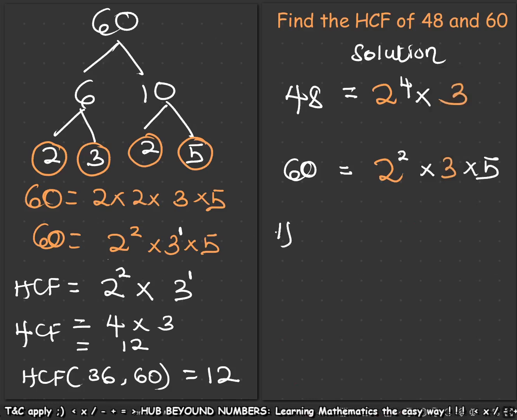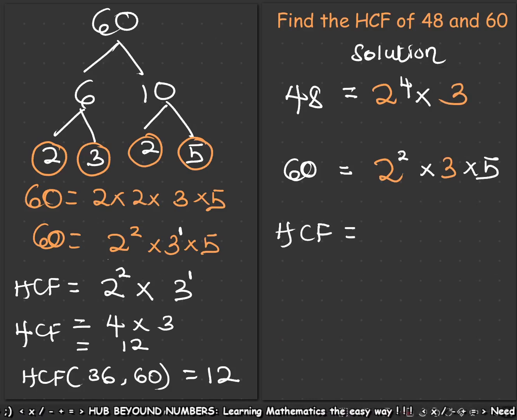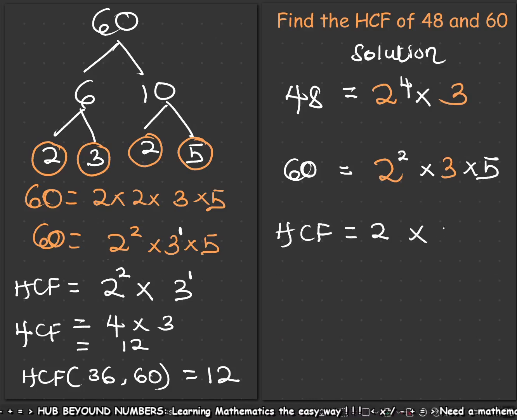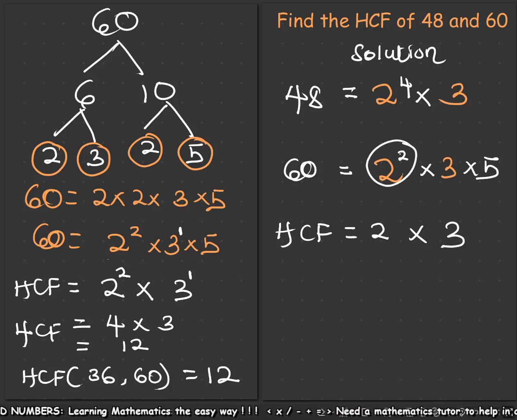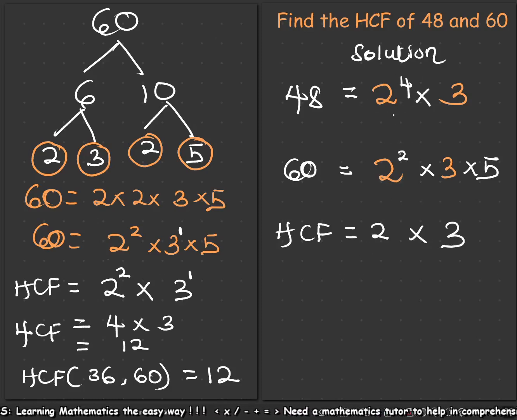Hence, our highest common factor is going to be a 2 times a 3. Then now we look at their powers. So for this 2 here and this 2 here, which has the lowest power? It is certainly this one, 2. So you put that on this. Then for 3, there's 1 here and then there's 1 here. So we just take that as you see. You see?